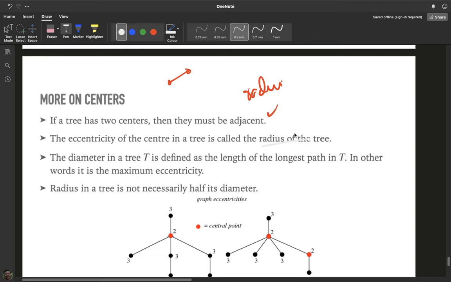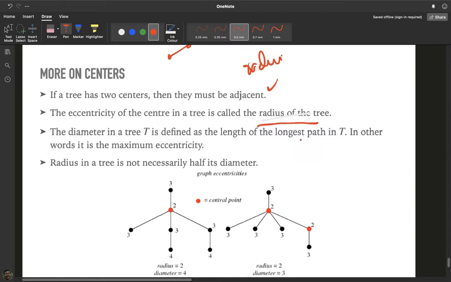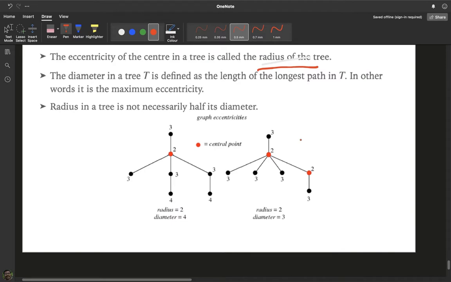Okay, similarly, moving forward, the diameter of a tree is defined as the length of the longest path in T. Okay, and you know that in a tree there can be only one path between two vertices. So basically, if you take the longest path in a tree, you can see that it will actually be the eccentricity of some vertex there. Is it clear?